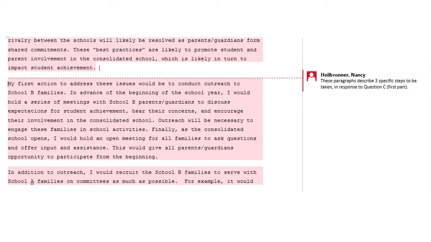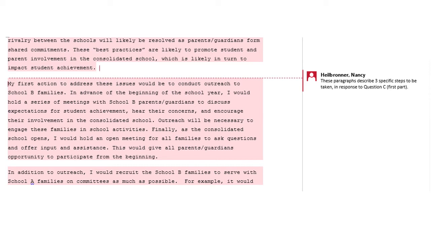The next paragraph describes the specific steps to be taken and is in response to question C. So I won't read this whole thing, you can read it, but it does state that the first action will be to conduct outreach to School B families, and the author describes how to do that.